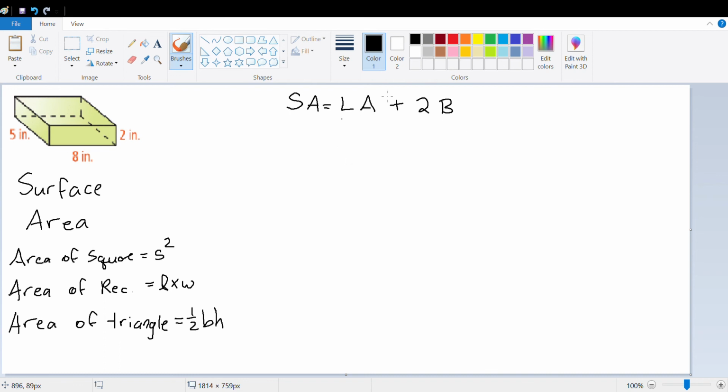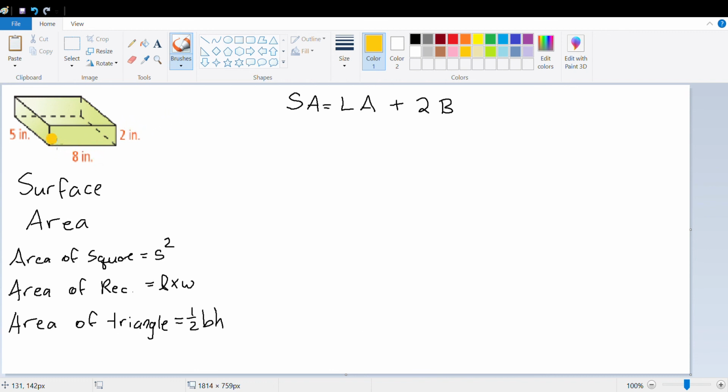Okay, and there was a question about, how do I know which one is the base? Actually, if you look at this prism, we're trying to pick out the basic shape that sticks out to us.